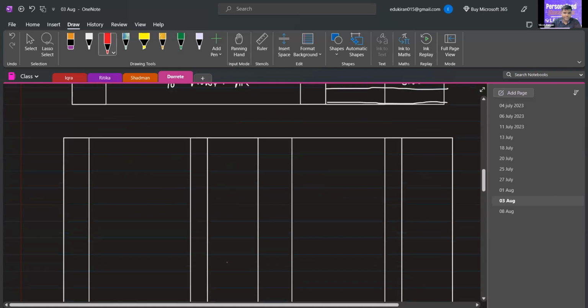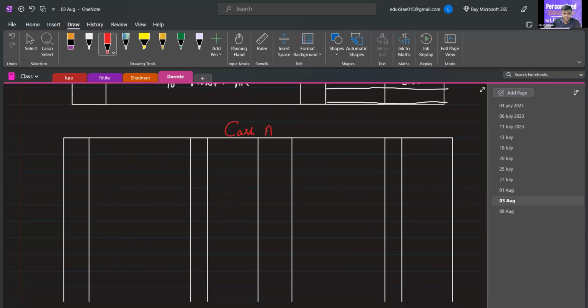So first of all, cash account. It will have date, particulars. Actually, we don't have to put this in every account. One time in the beginning we will write this, and after that, no need.